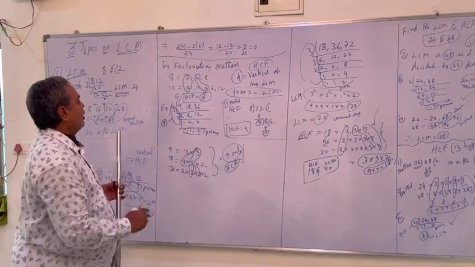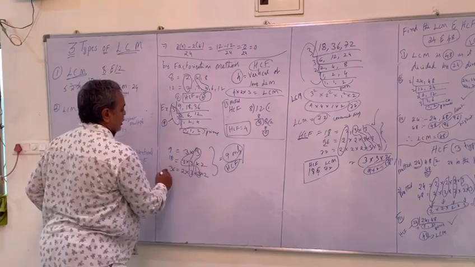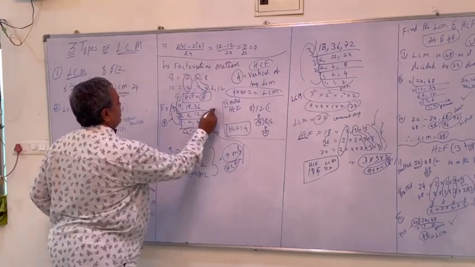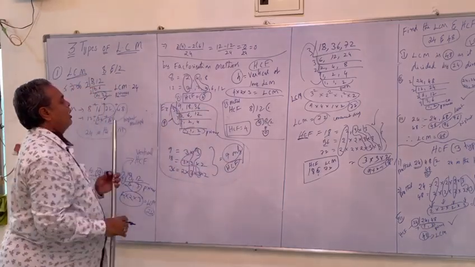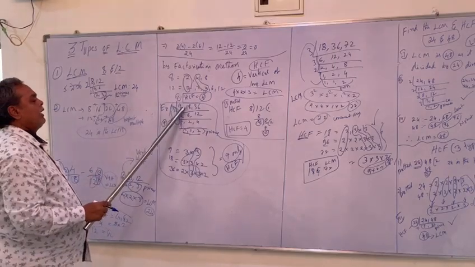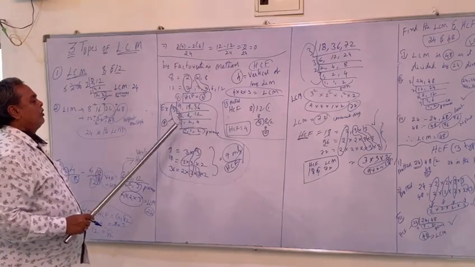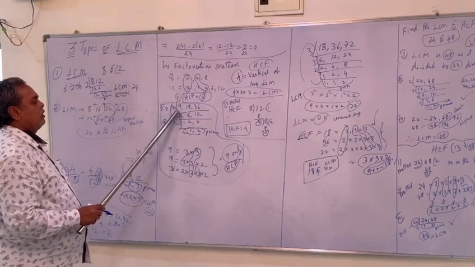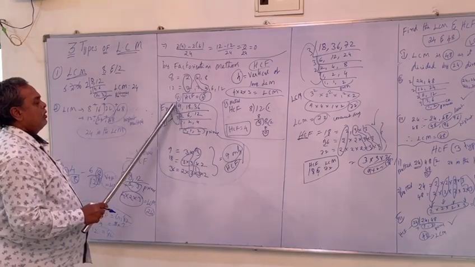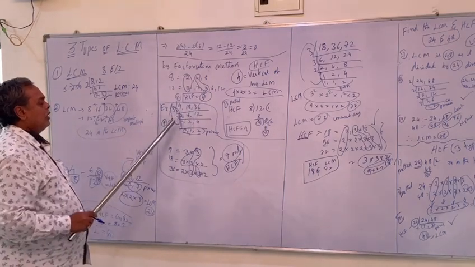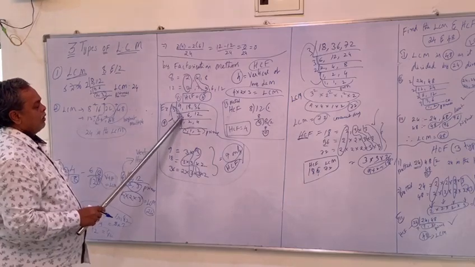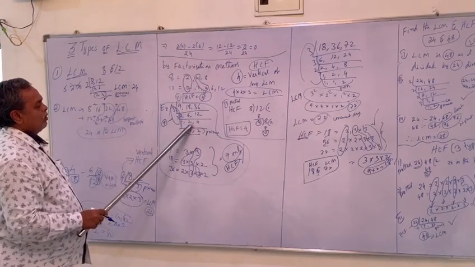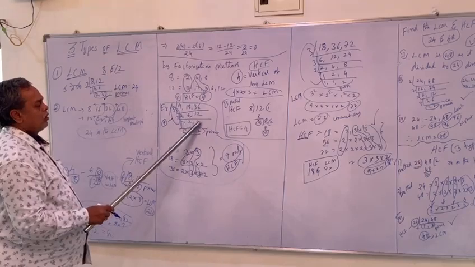Next, we have done this example for HCF. Here 9, 18, 36: 3 3s are 9, 3 6s are 18, 3 12s are 36. Again I have taken 3 1s are 3, 3 2s are 6, 3 4s are 12.